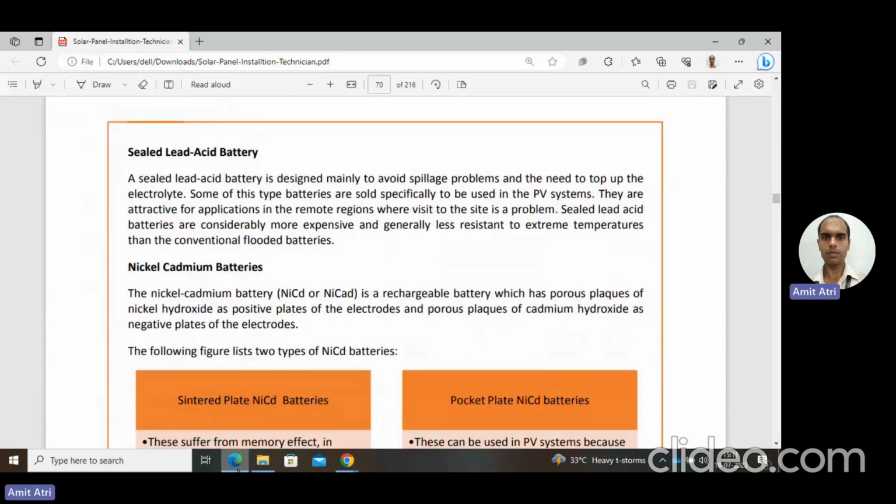Another category is the sealed lead acid battery. It is designed mainly to avoid spillage problems and the need to top up the electrolyte.